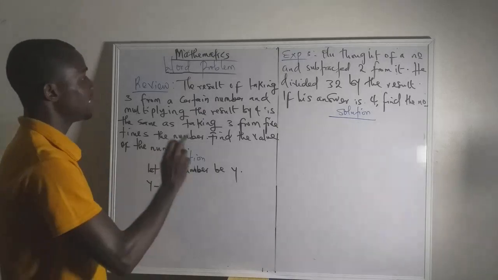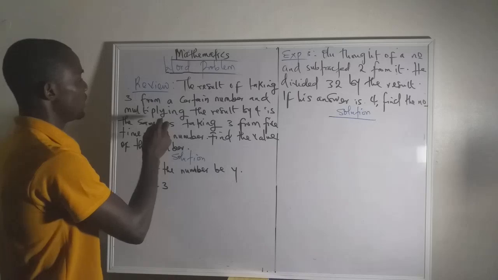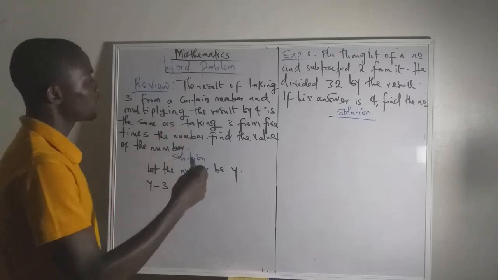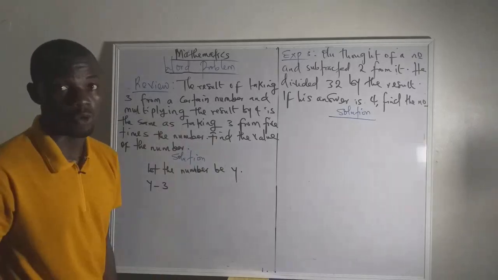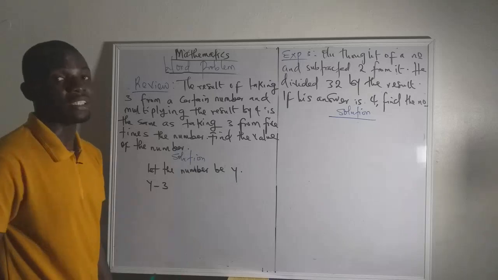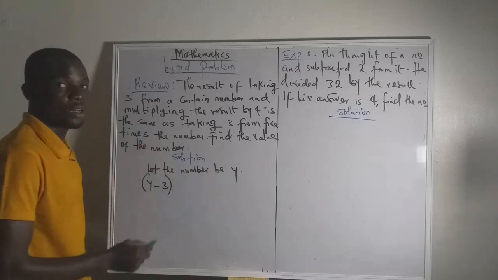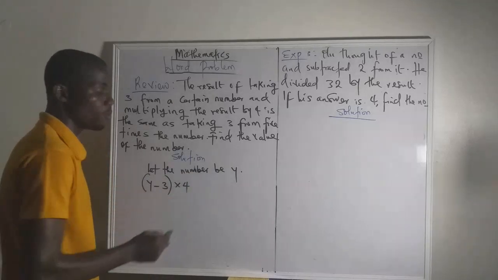Now, they said the result, and we are multiplying the result by 4. So if I'm multiplying the result by 4, y minus 3 is the same thing as y minus 3. So this is our result here. We are multiplying it by 4.